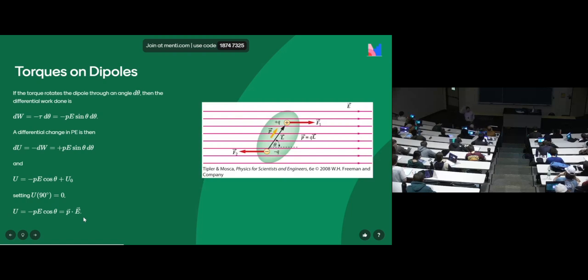So the torque was P crossed into E. The potential energy is, oh, and you might notice here, I missed it again as I was revising my slides today. There should be a negative sign right here over top the mouse. The potential energy of a dipole in an electric field is minus the dipole moment dotted into the electric field.